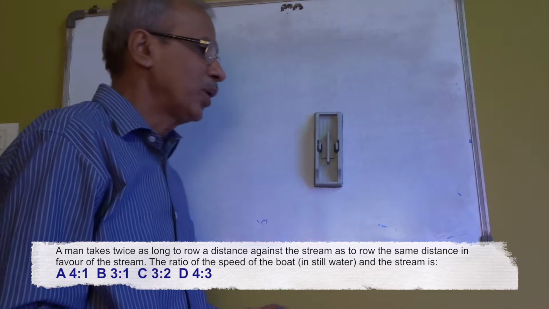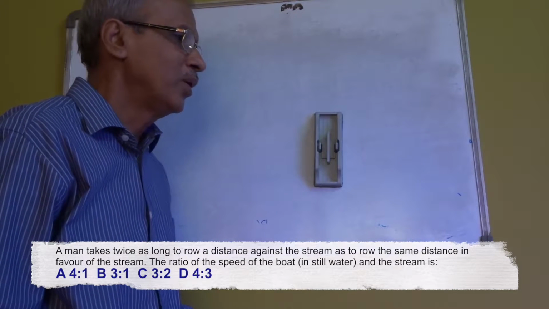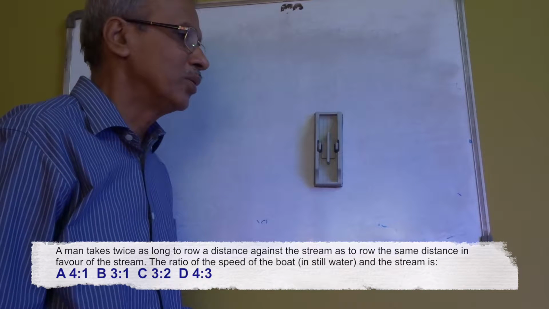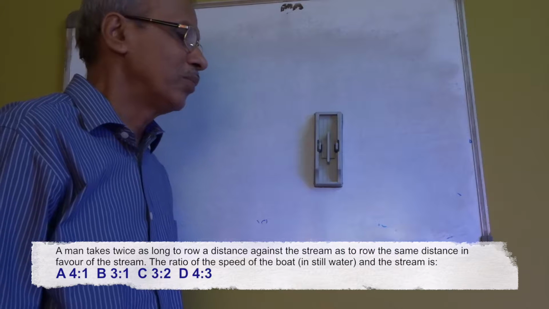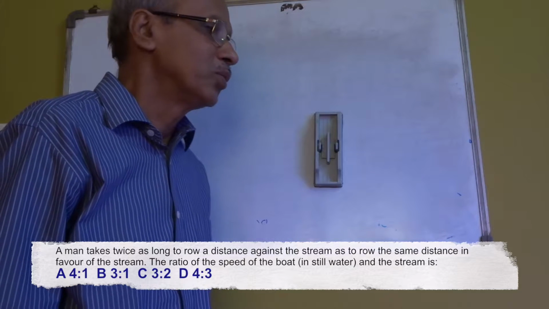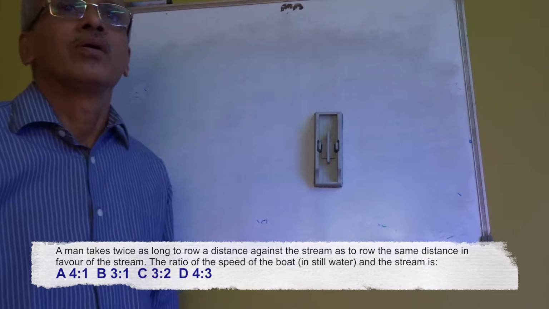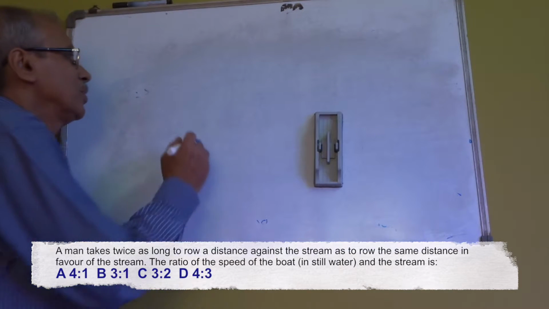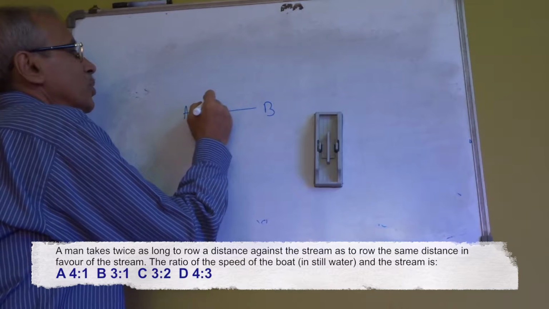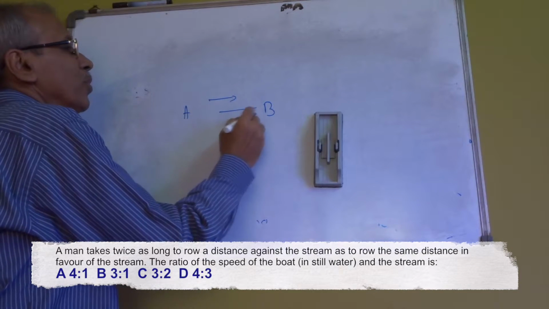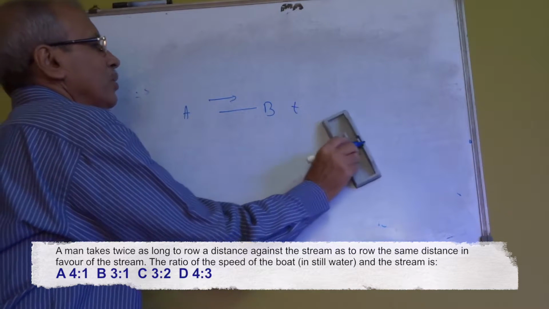A man takes twice as long to row the distance against the stream as to row the same distance in favor of the stream. What is the ratio of the speed of the boat and the stream? Let us say the person is going from A to B. The stream is favorable, so while going he takes t minutes.